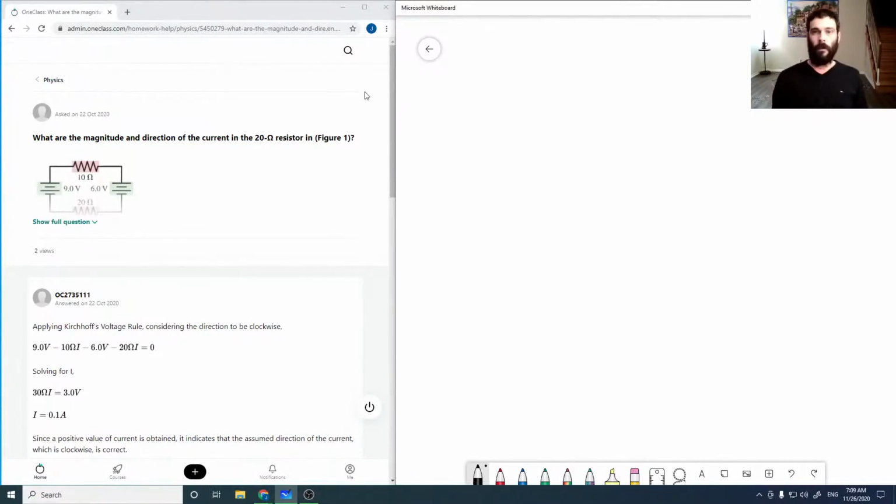Okay, so this question is asking what the magnitude and direction of the current in the 20 ohm resistor is. So first I'm just going to sketch it out here.